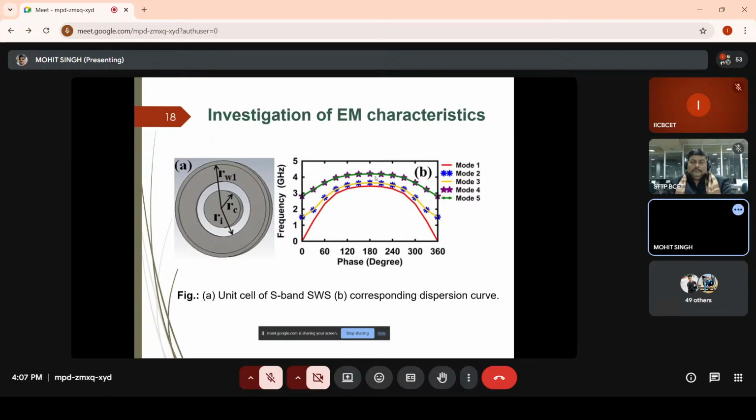Now with the unit cell, we retrieve our dispersion curve, and at 180 degrees we check what is the frequency. I have mentioned the pi mode. In the pi mode, we have to check the frequency at 180 degrees. Whatever the frequency at 180 degrees, that will be the operating frequency of our device.